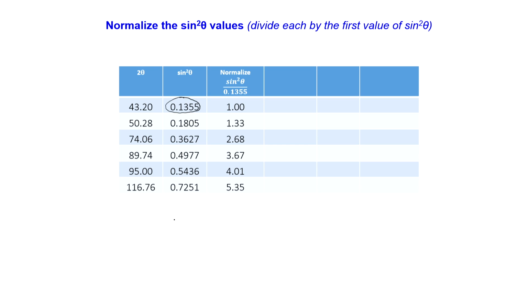So, let me write down the Bragg equation. Lambda equals 2d sin theta. Now, I can replace d with the equation for the interplanar spacing for cubic crystals. So, lambda equals 2a upon h square plus k square plus L square to the power half, multiplied by sin theta.